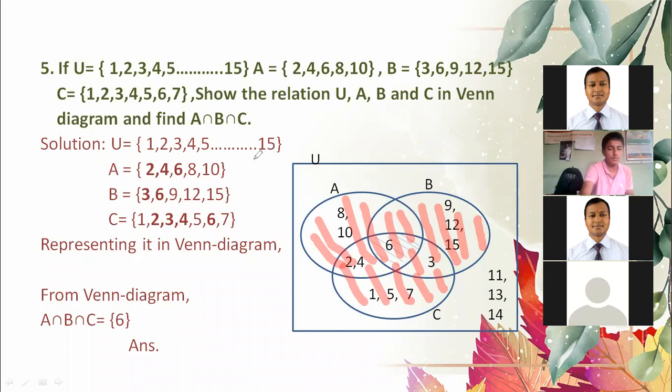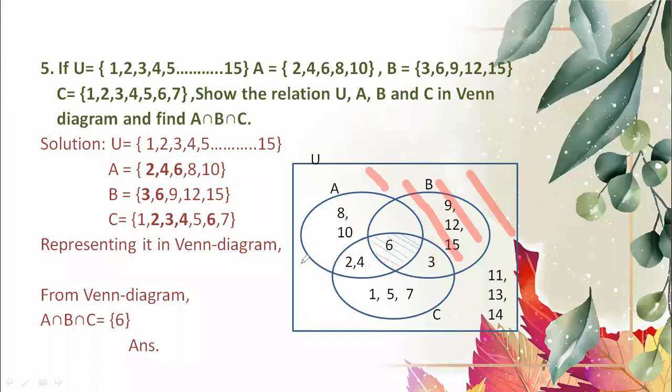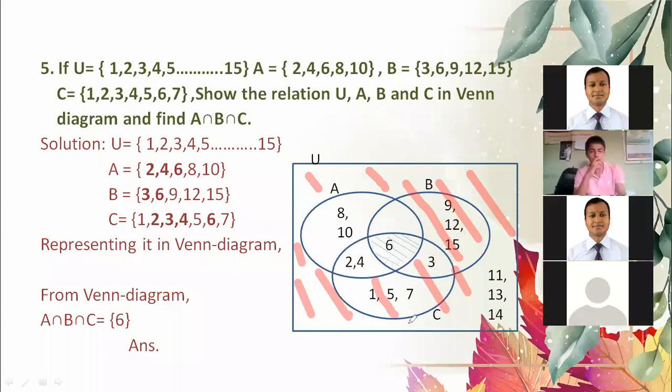Yes, sir. It's clear? A complement. If you want to find A complement, you have to take elements except A. All elements outside A, leaving A. We have to leave these elements 2, 4, 6, 8, 10.